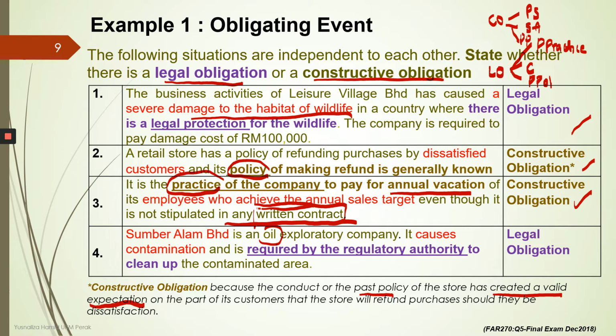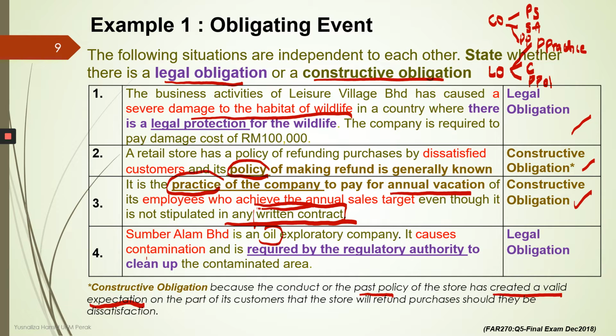Causes contamination. So the Sumber Alam has caused contamination to the seawater, and the contaminated area somehow needs some clean up, and that was a requirement by the regulatory authority. So the past event is the contamination cost.